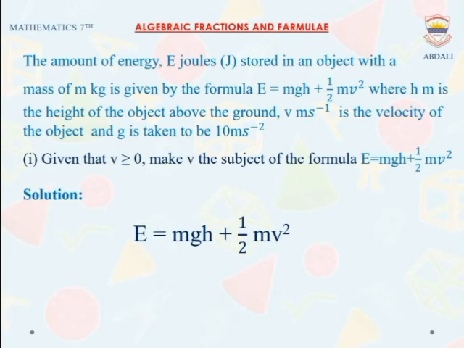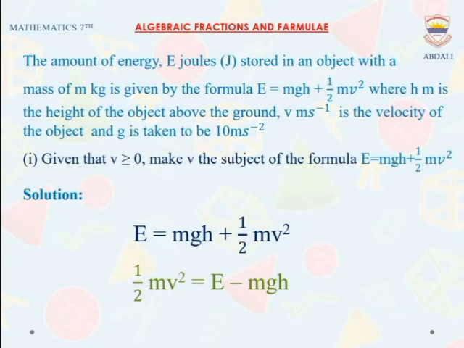To make v the subject of the formula, we have to separate it from all other values. So to separate it, mgh is added with 1 by 2 mv square. So when we move mgh to the other side of the equation, it will be subtracted. Okay, so it becomes 1 by 2 mv square equals E minus mgh.